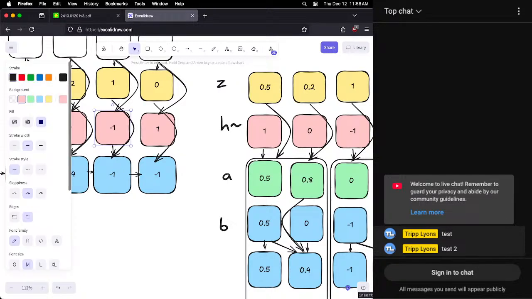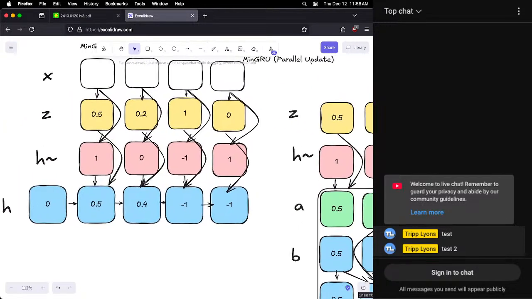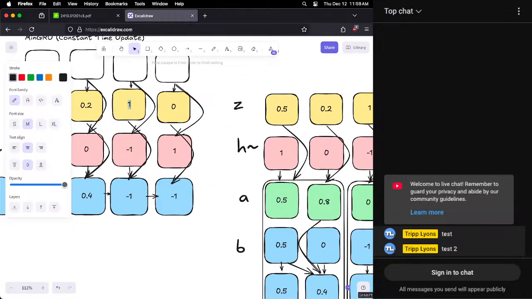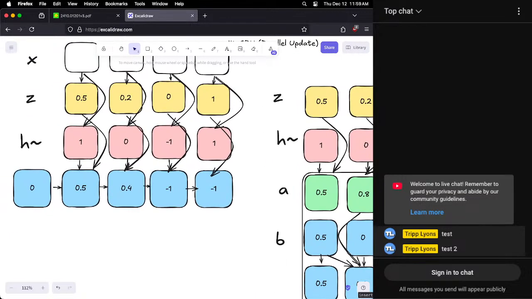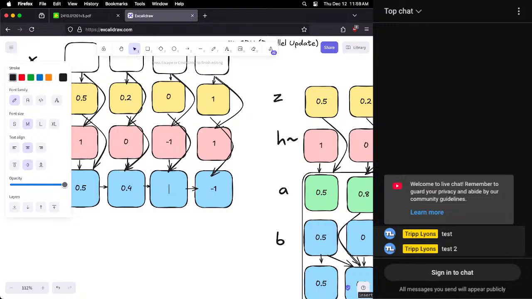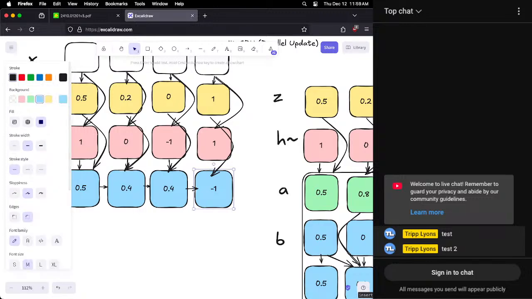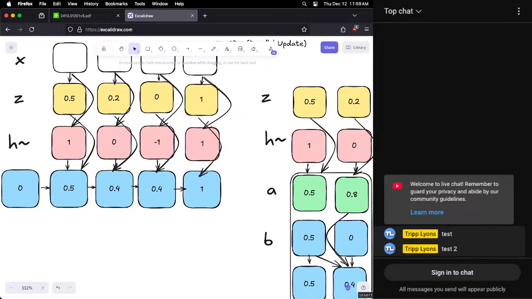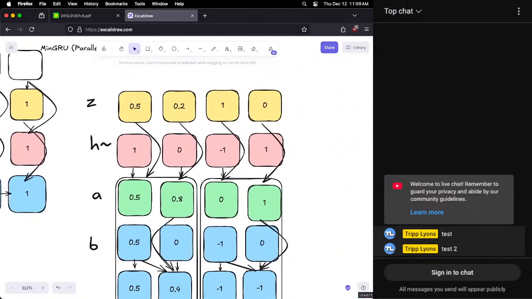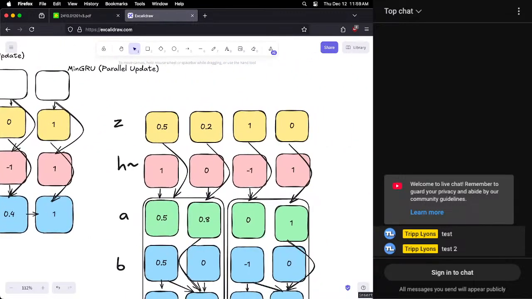Wait, no, this is a 1. Yeah, the fact that this is a 1 means that it ignores all this. So maybe we could change that. Let's swap these around, be a 0 and then a 1. That would be more interesting. So if I update that, this will be a more interesting example that way.